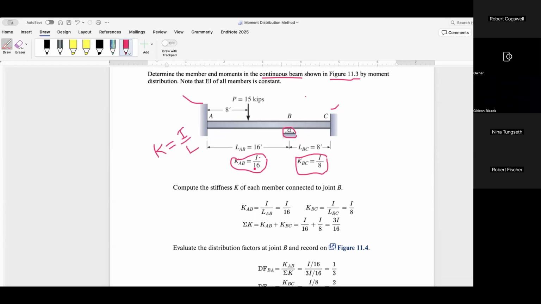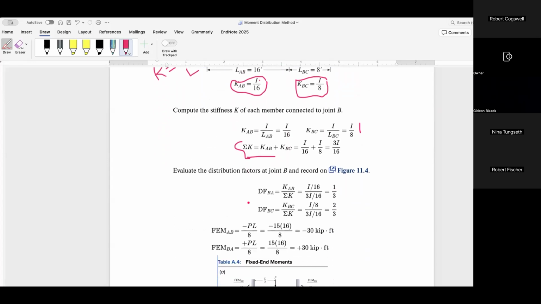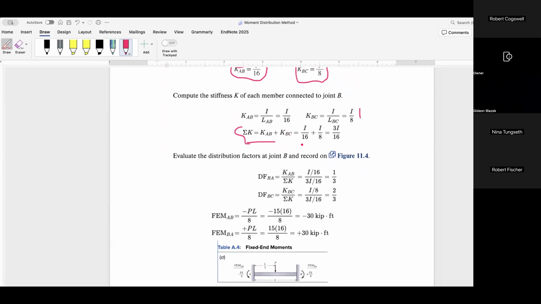Then you have the stiffness for bar AB, and you can also compute the stiffness for bar BC. And then you need to combine them because we need the combined stiffness for computing the moment distribution factor. So we have the total stiffness, and you just add them.